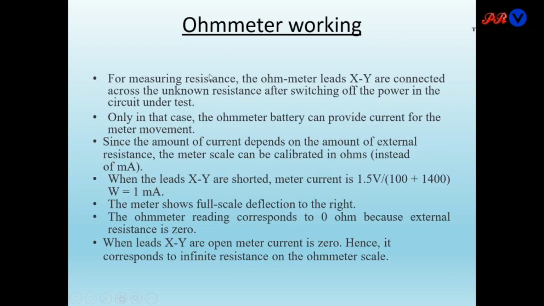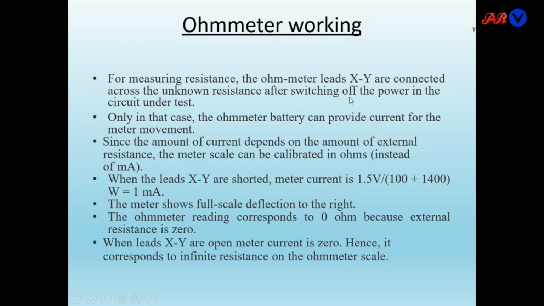Ohm meter working. For measuring resistance, the ohm meter leads X and Y are connected across the unknown resistance after switching off the power in the circuit under test. So the important thing here is that we have to switch off the power in the circuit where we want to measure the resistance. Only in that case the ohm meter battery can provide current for the meter movement.